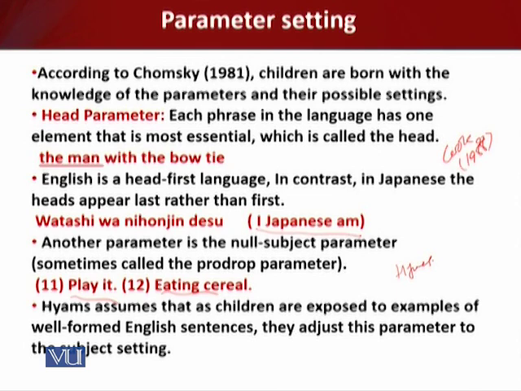setting. An alternative interpretation of these sentences, such as play it or eating cereal, is that young children have difficulty producing complete sentences. Now, Bloom argues that children omit all constituents, not just subjects.